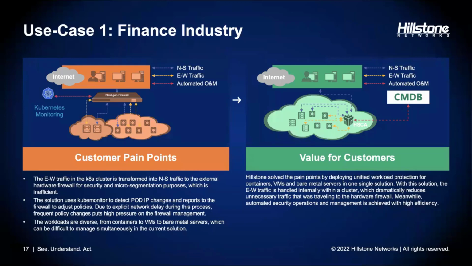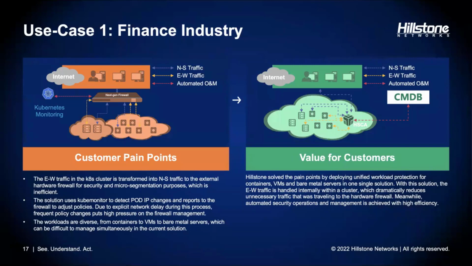Naturally, this would prove to be rather inefficient because there would be some network delay during this cumbersome process. Policy changes would put pressure on the management of the firewall. To top it all off, workloads were really diverse, ranging from containers to bare metal to VMs, just overall adding to the complexity of the situation.